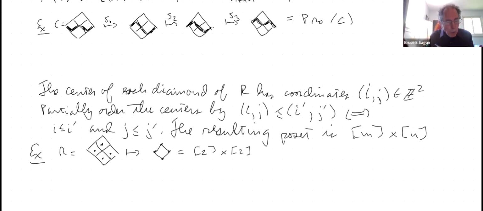But we don't want just the poset, we want ideals in this poset. How are we going to get ideals? And this is the crucial idea.